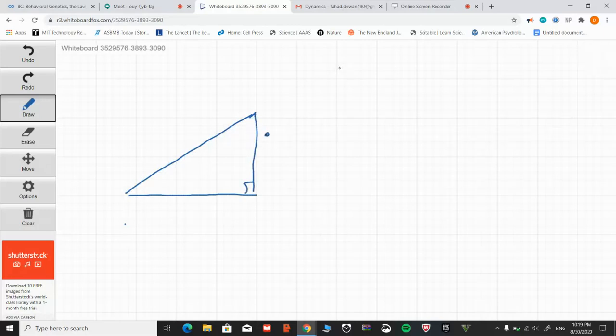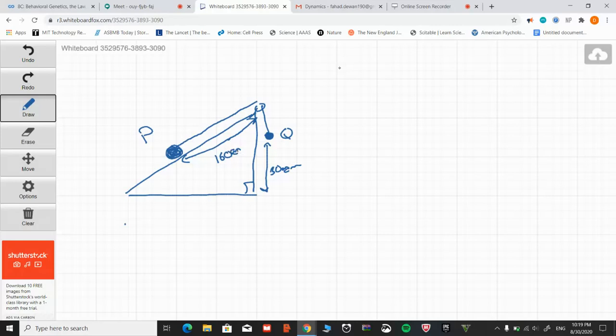So this particle Q, this particle P. Here they say there is 160 centimeters, and this height is 30 centimeters, and the whole height is 40 centimeters.